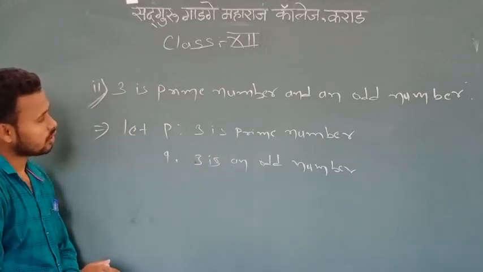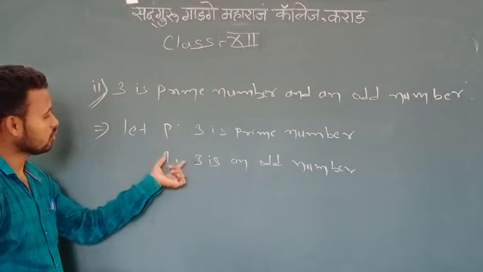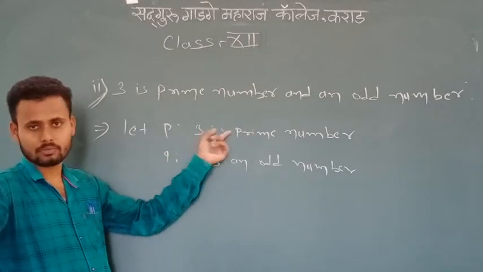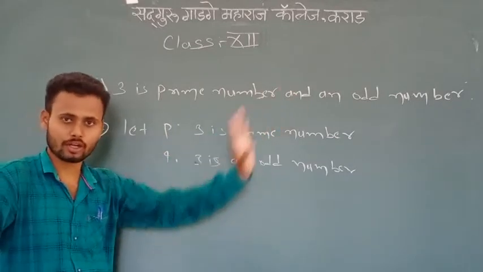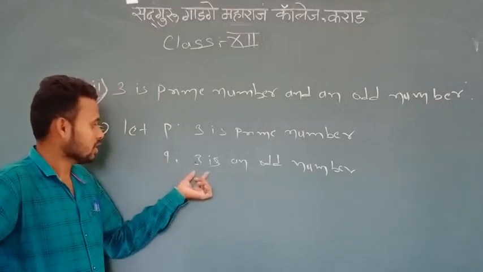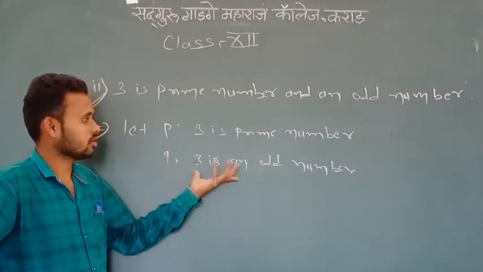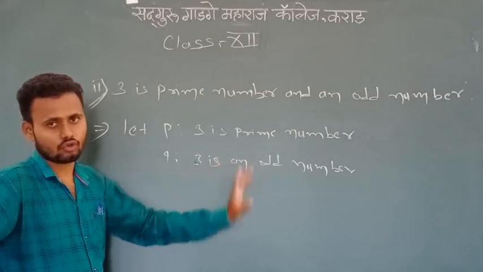Now we have to find their truth values separately. Obviously 3 is a prime number, this statement is true, therefore its truth value is t. Similarly Q, 3 is an odd number, is also true, therefore its truth value is t.